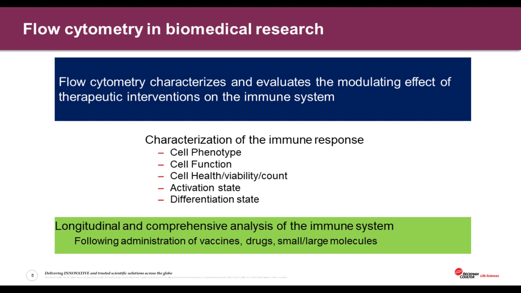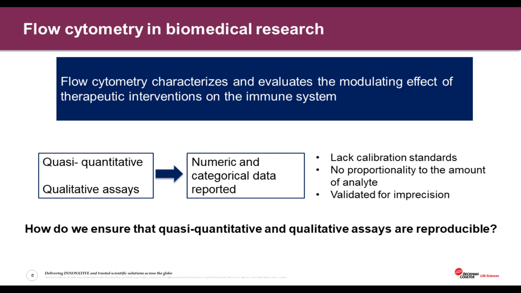And we do so after the administration of therapies that are being evaluated, such as prophylactic vaccines, drugs that we're looking at, or small or large molecules. So collectively, we have the capacity to characterize the immune response and potentially identify these biomarkers that are going to allow us to address disease progression or disease halt, so correlates.